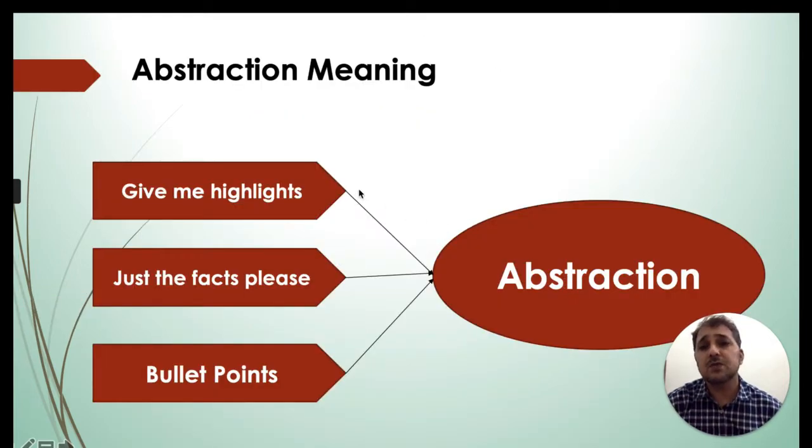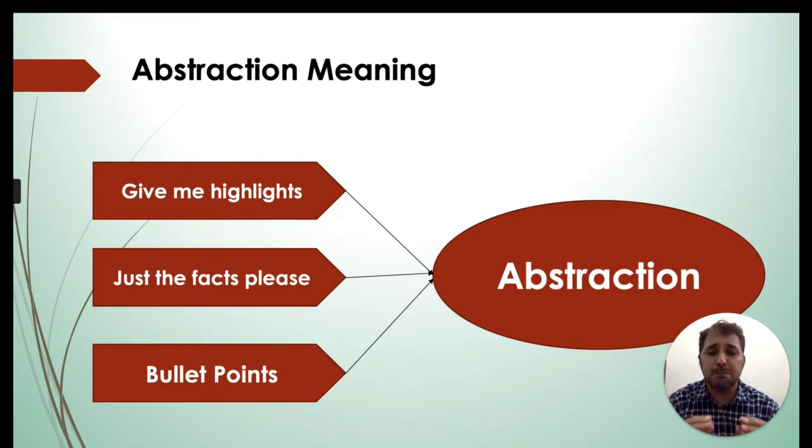Okay, so for example, what is meant by abstraction? Abstraction is actually a general view of something. By general view I mean that you don't go into too much detail, you are just describing something very briefly.